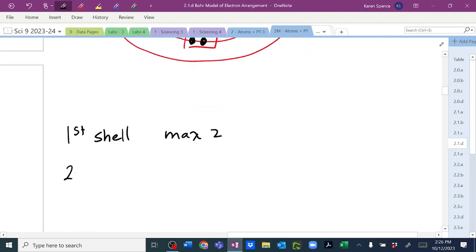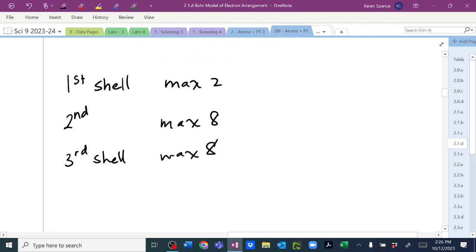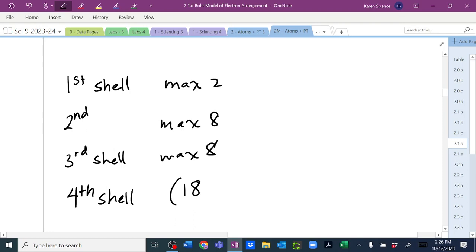In the second shell, what's the maximum? 8. In the third shell, what's the maximum? 8. And in the fourth shell, sometimes you'll see people write the number 18. But I'm going to put a little star beside that because really, if you're drawing 18 electrons in the fourth shell, it's just a mess.